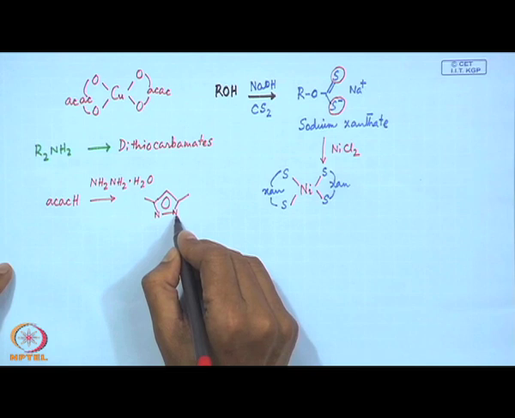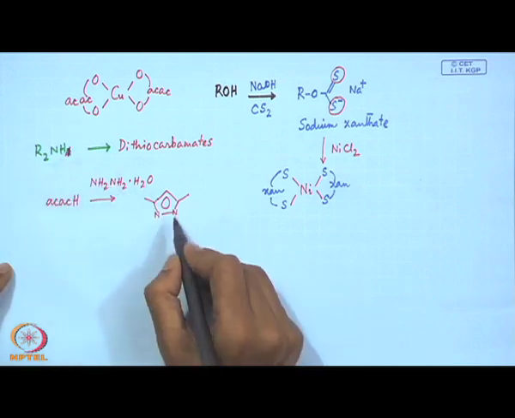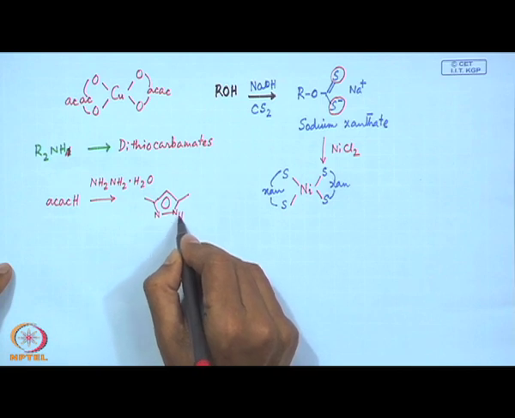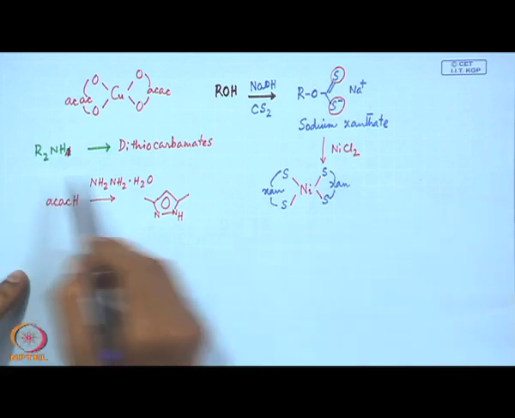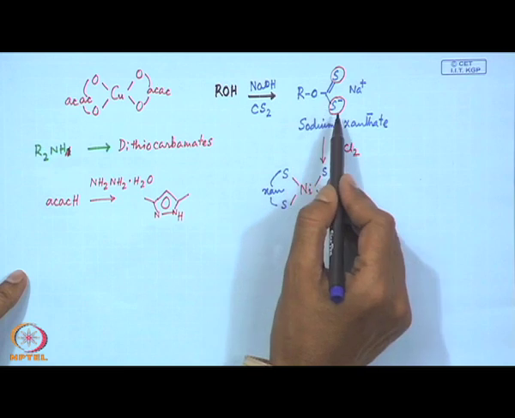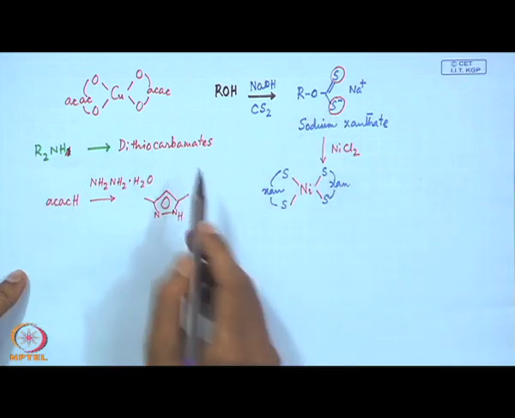That means here we have the NH group, and this NH function can be further modified, like the transformation of O minus to xanthate and R2NH to dithiocarbamate.